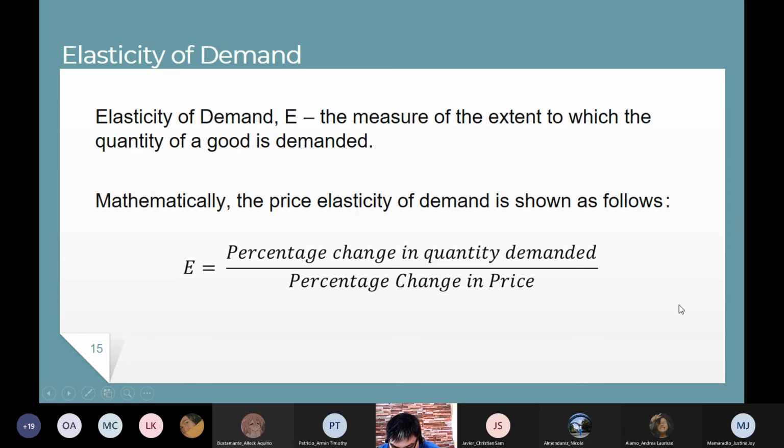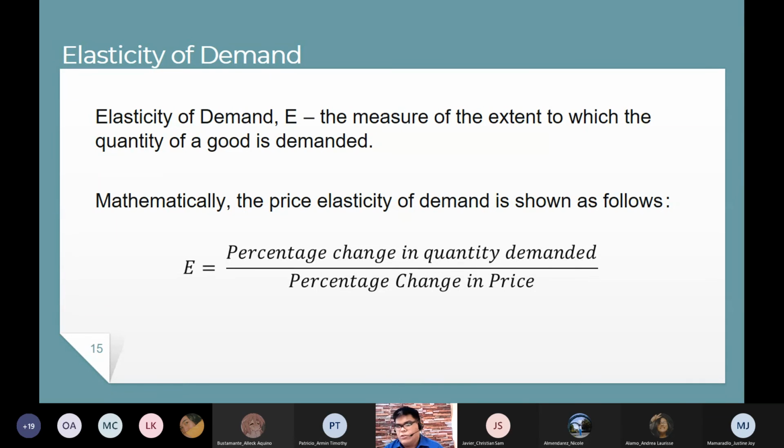Q responds to changes in the price of the good. Ano yung magiging consequence pag nagbago ng presyo? This indicates the degree of responsiveness or sensitivity of the quantity demanded attributable to a given change in an independent variable.